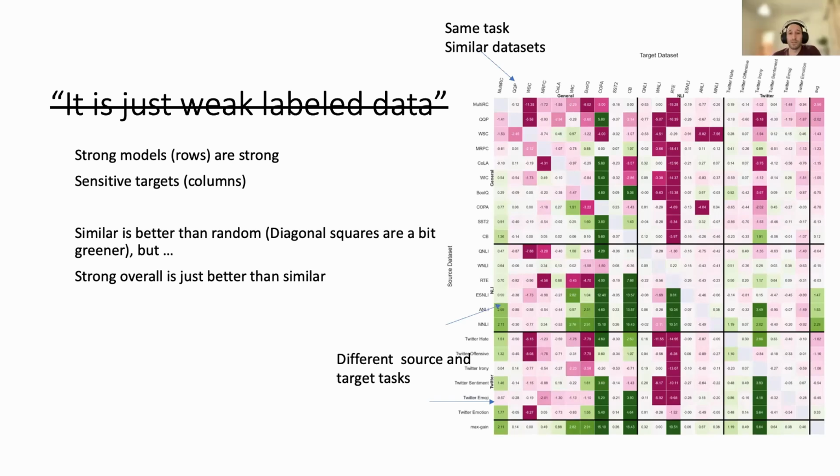So here we made a very simplistic similarity and just said, okay, the data sets that are on really the same task, they're all similar. SNLI, MNLI, ESNLI, RTE, those kinds of tasks, or Twitter sentiment analysis, Twitter text classification.